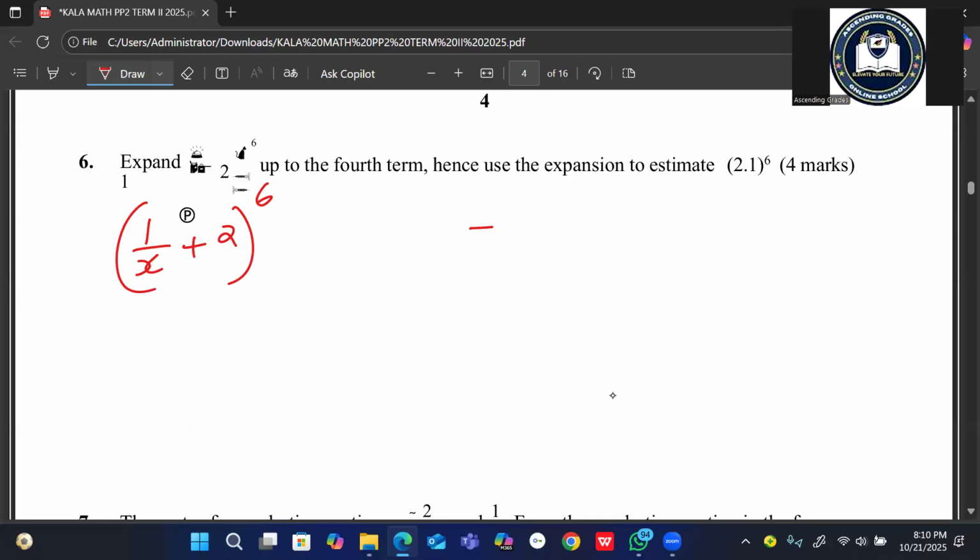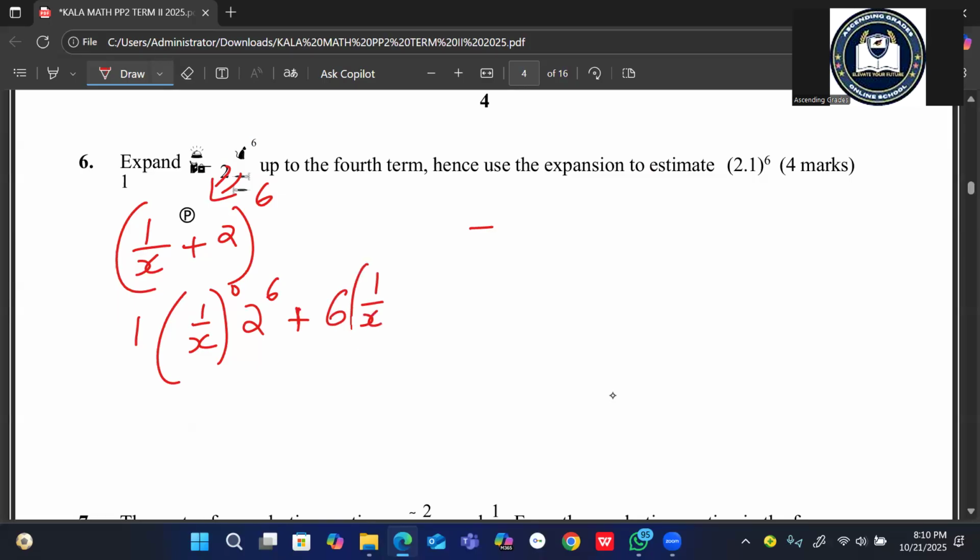Hence, use the expression to estimate 2.1 power 6. So this one will be the same as 1 over x power 0, then multiplied by 2 power 6, plus the next coefficient is 6.